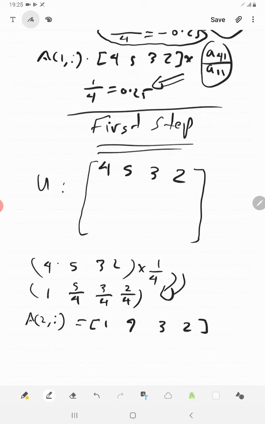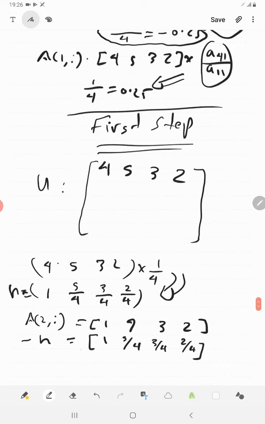Now let's say this one is H, and we have H equal 1, 5 over 4, 3 over 4, and 2 over 4.